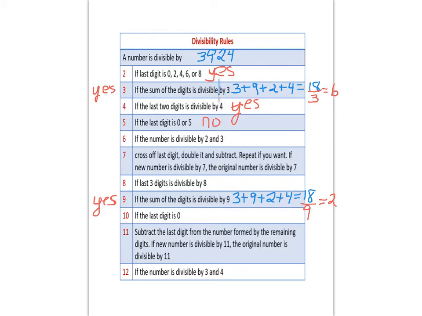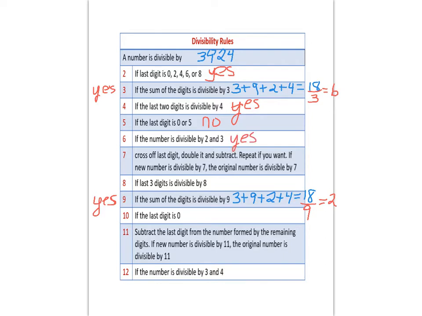Since our number was yes to 2 and yes to 3, 6 is also going to divide into 3,924.